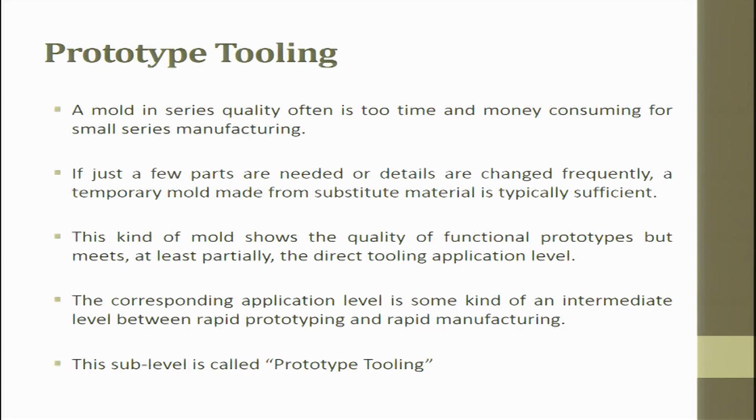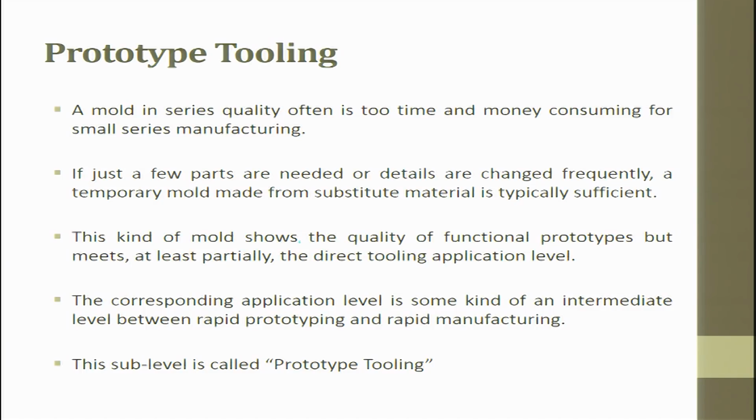A series quality mold is often too time and money consuming for small series manufacturing. If just a few parts are needed or details are changed frequently, a temporary mold made from substitute material is typically sufficient.